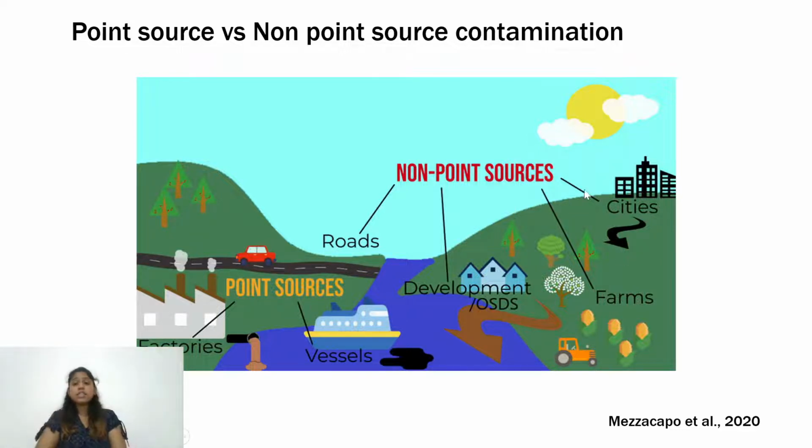Since cities, farms, roads, all of these are non-point sources, we don't know exactly from which house what waste came. Unless we segregate it and separately give it, there is no way of identifying from which point source which waste came. But on the contrary, factories and oil spills and all of these are point sources, because if there is a particular chemical being released from a factory, we can pinpoint and say that this chemical contaminating this water is coming from this factory.